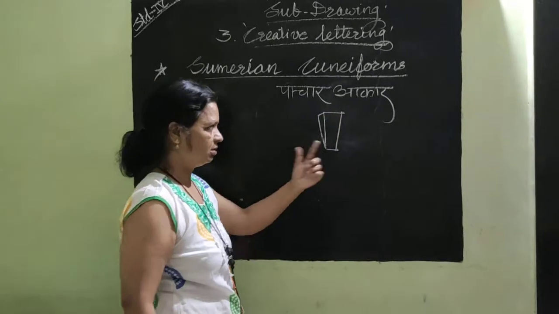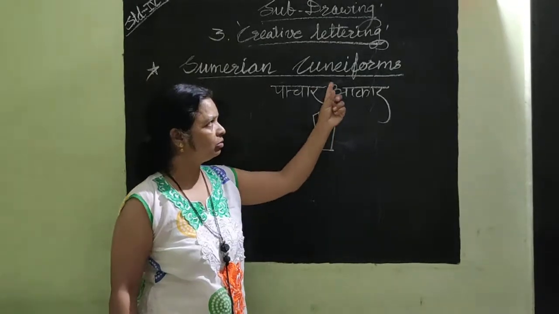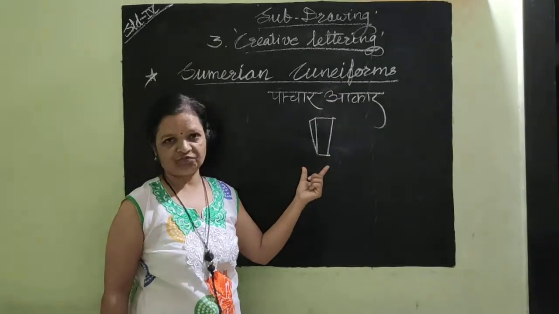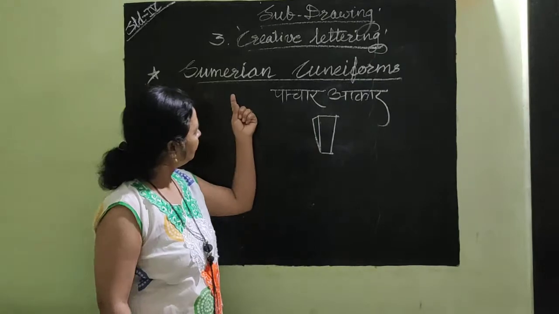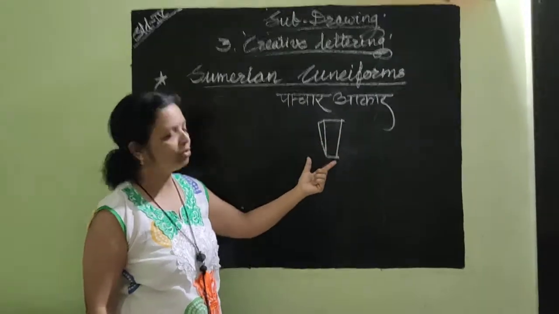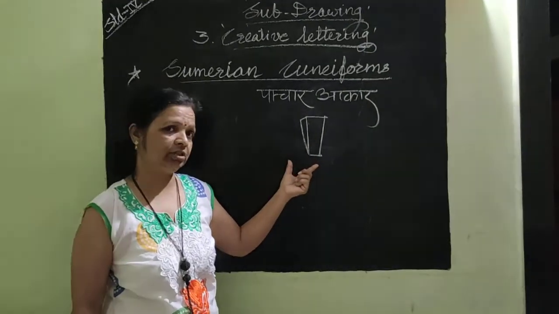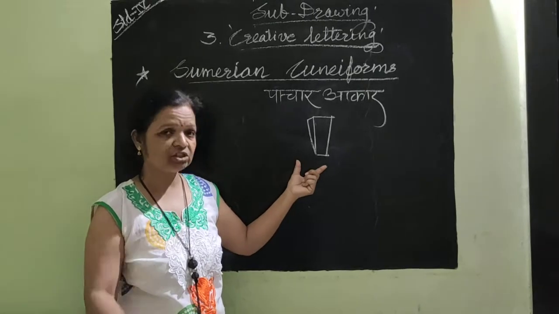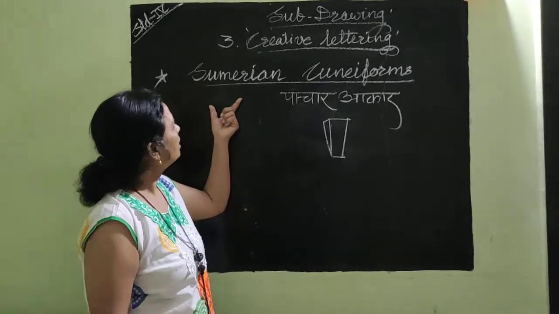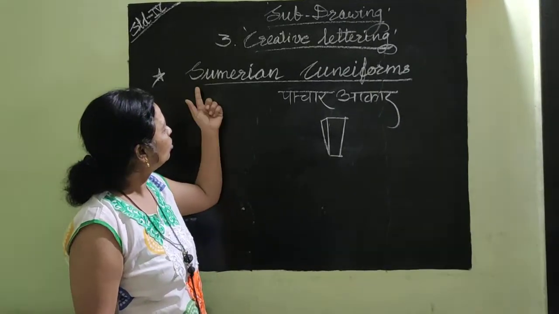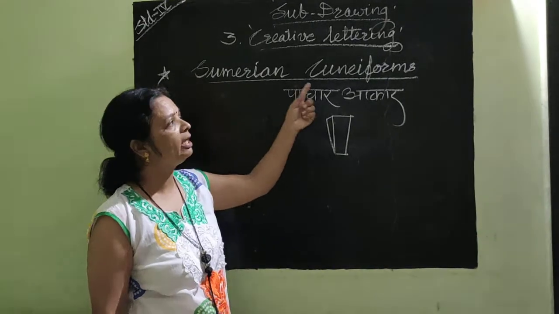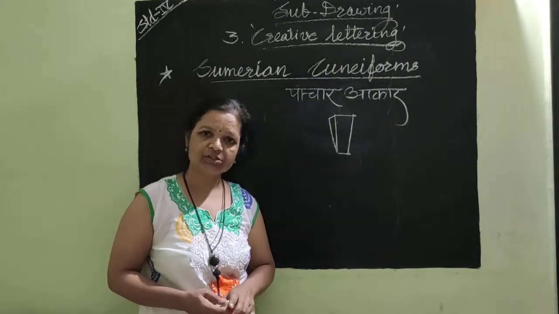Like this form. So cuneiform means this type of form. So the language developed in this form that time in ancient period. So the first language in the world we know, and that is Sumerian cuneiforms.